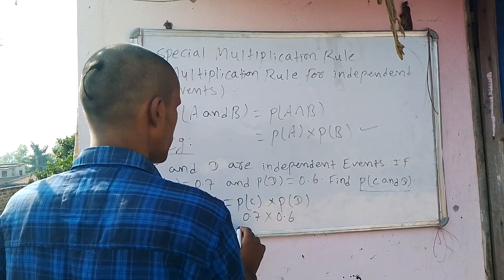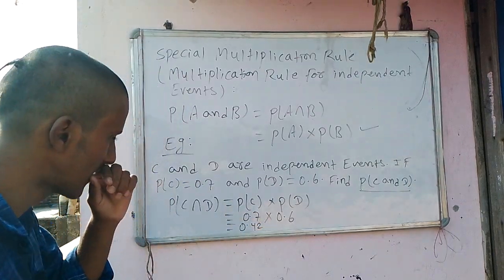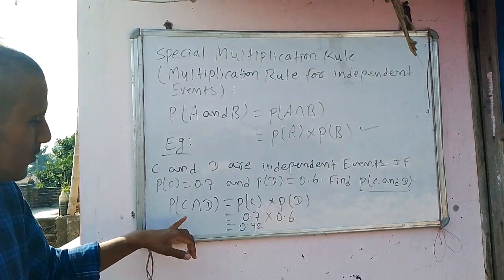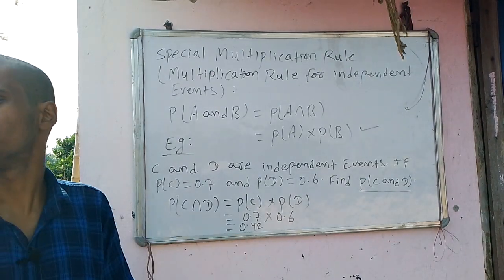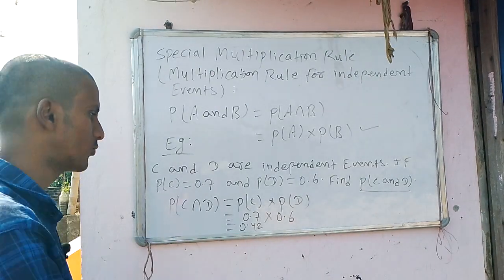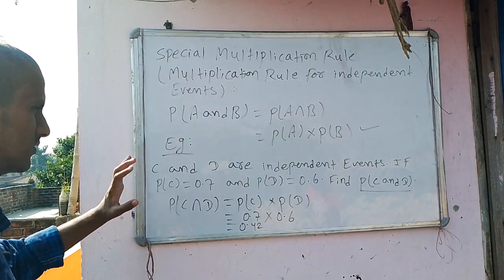If you multiply them, you get 0.42. It means the probability of C and D both happening is 42%. So this was a simple example.